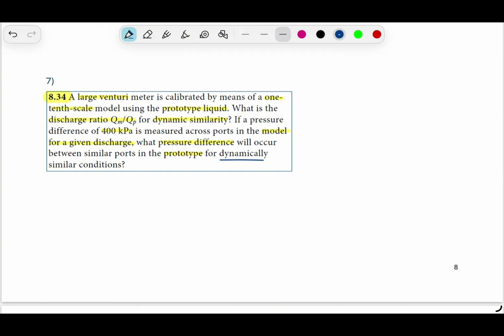So again, we need to satisfy that dynamically similar conditions. So we will have same Reynolds number for the model. So it will be same for the prototype as well. So let's get started. And Reynolds number is velocity times diameter over kinematic viscosity.